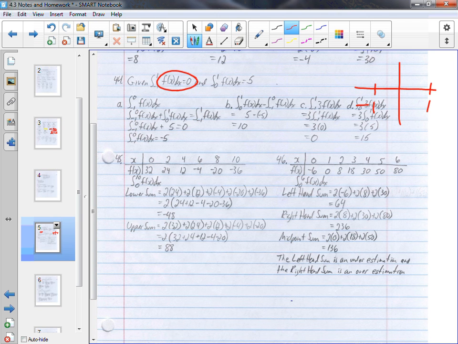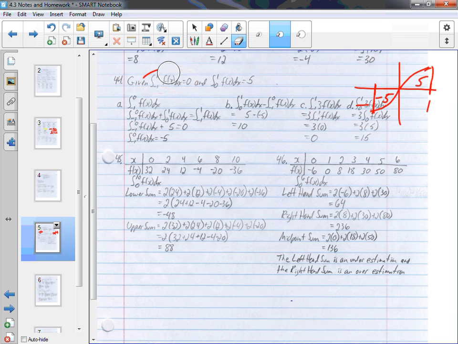So if from 0 to 1 I have an area of 5, I don't know what the graph looks like. They don't tell me what f of x is. But if that's correct, what would be the signed area of that piece right there below the x-axis? That would make that work, wouldn't it? Okay, so let's see how it all works out.